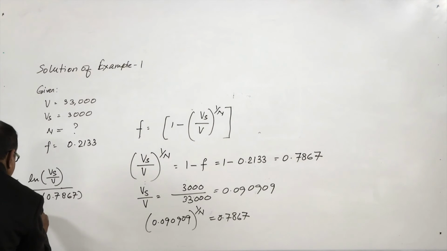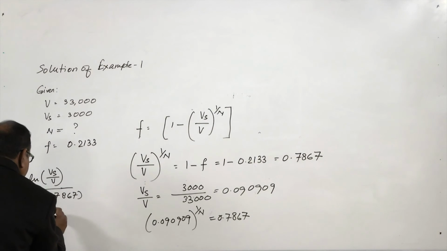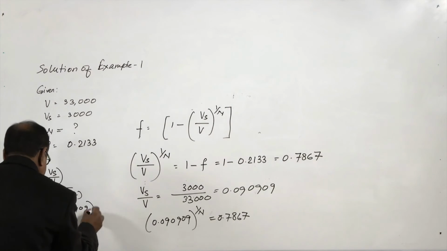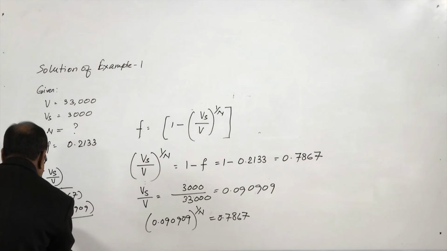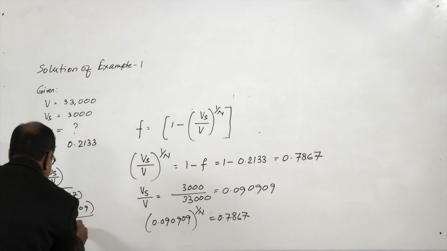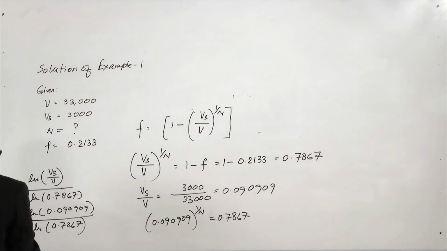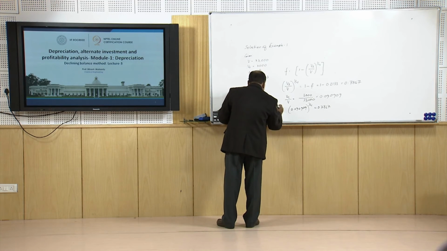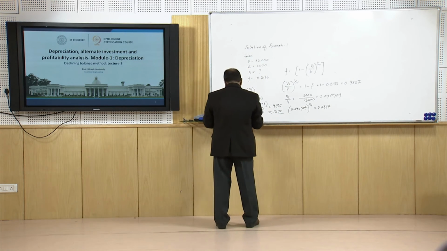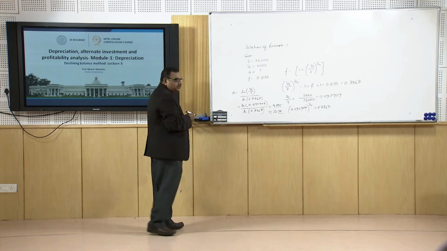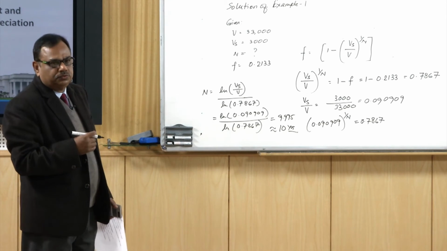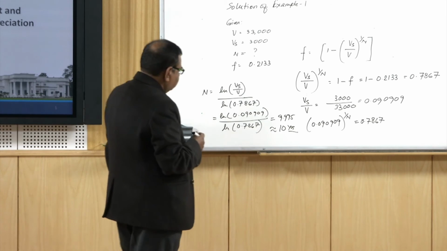This is equal to ln 0.090909 divided by ln 0.7867, and this is equal to 9.995, or I can say 10 years. So, this is the answer of example number 2. So, n is 10 years.